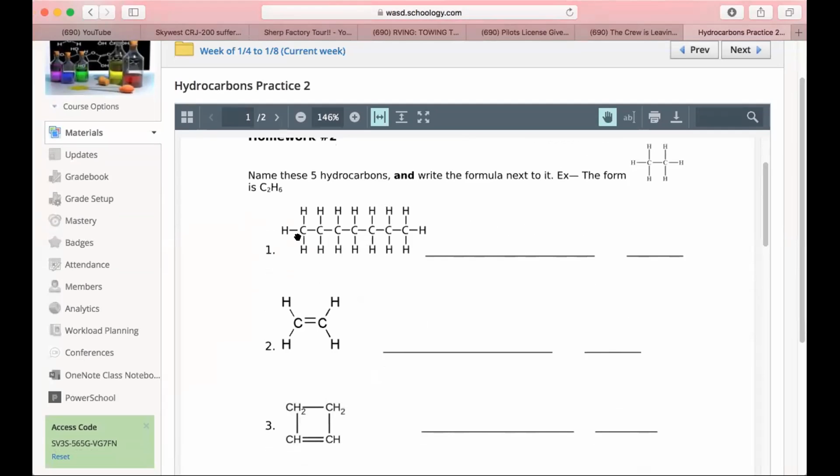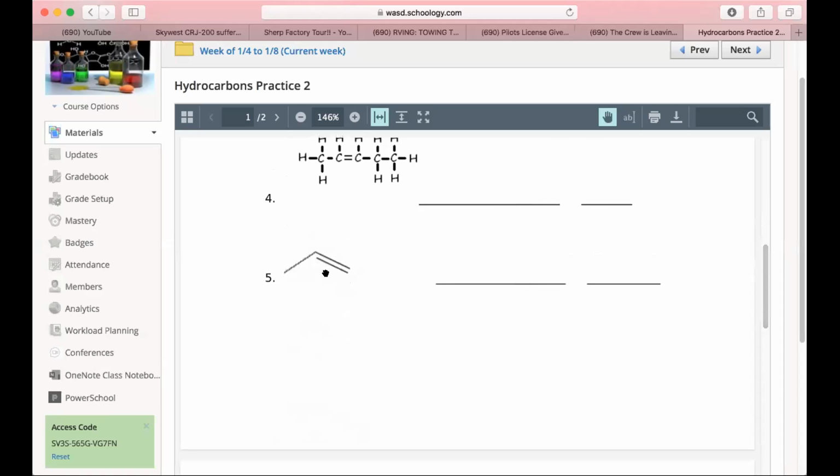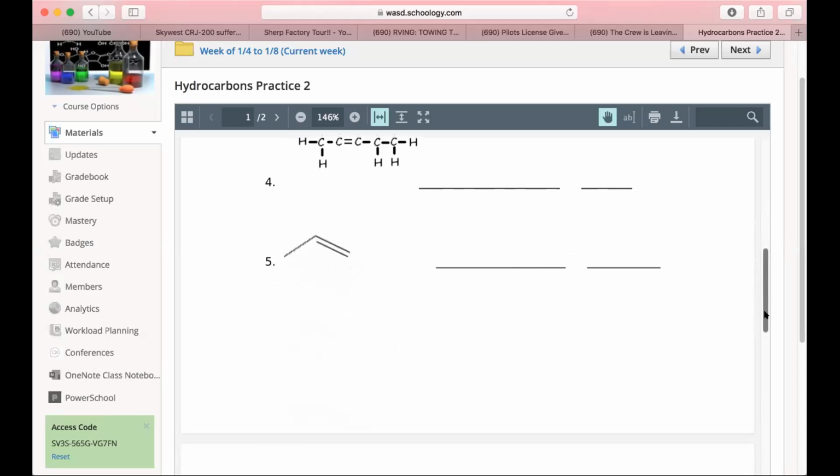So this one is just an alkane. This one's an alkene, has 2 carbons. This is one of these ones that has a ring. So it's cyclo at the beginning, and then the number of carbons, and then the end depends upon whether or not there's single, double, or triple bonds. There's another one here with a double bond and the 2nd carbon. This one has that real shortcut orientation.